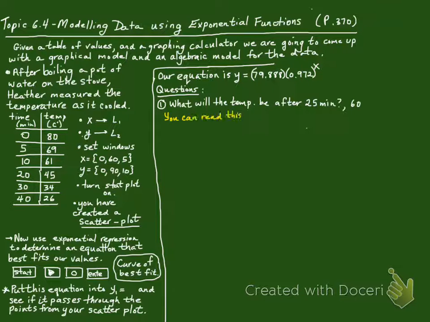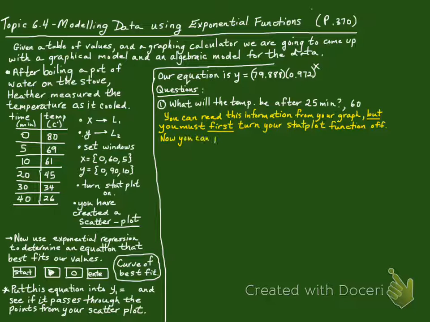Well, you can read this information from your graph, but you must first turn your stat plot function off. Otherwise, it's not going to read between those points. Once you turn them off and you have your y equation in, now you can trace it. You can press graph, trace, 25, and enter.